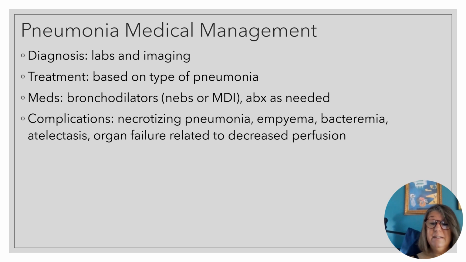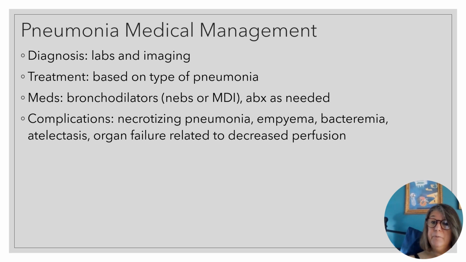Complication. There is necrotizing pneumonia dependent on the bacteria. Necrotizing pneumonia can eat cavities into your lungs. With TB, it will form cavities in your lungs. Empyema, so you can end up with pus in the lungs.